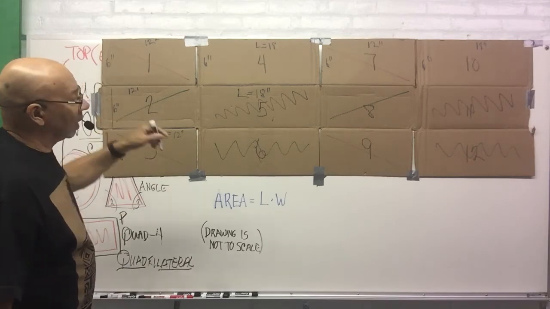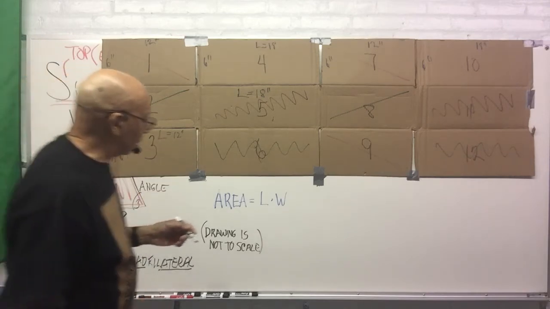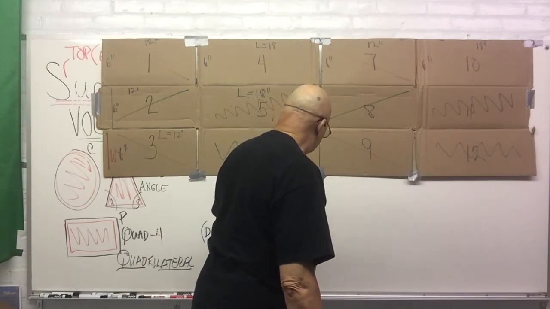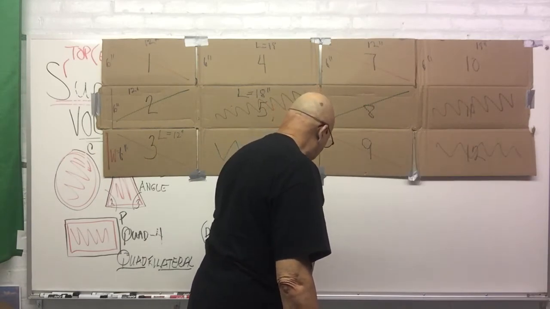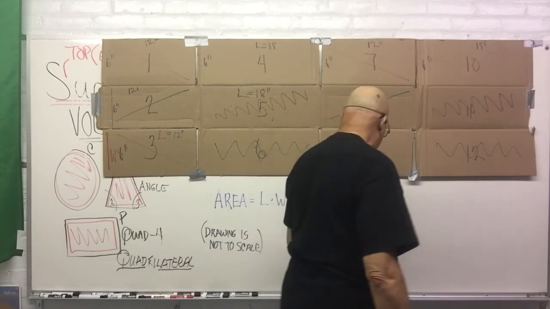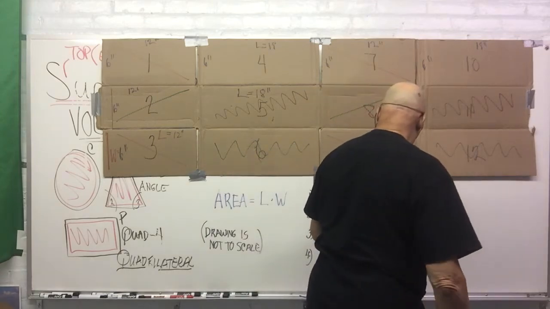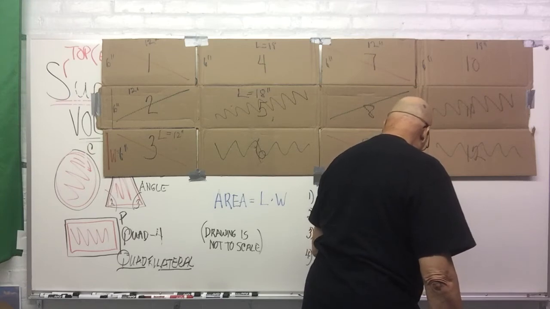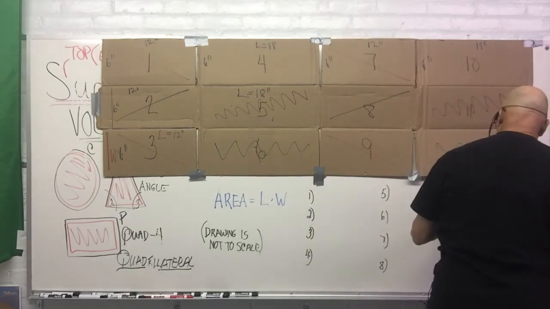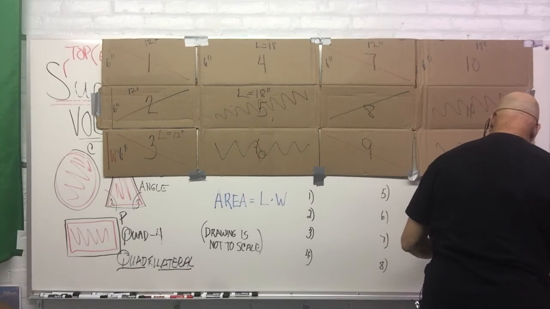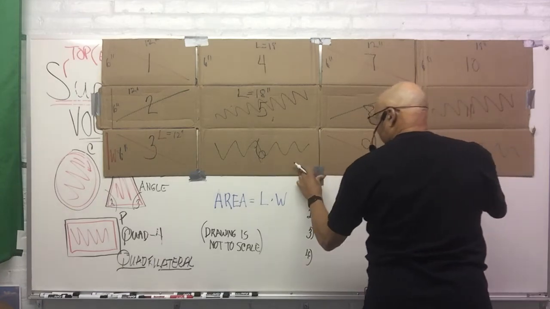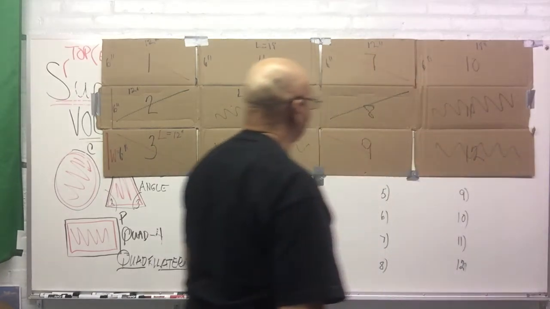I'm going to lay this out the way I would suggest that you do it. So you have area 1, 2, 3, 4, 5, 6, 7, 8, 9, 10, 11, and 12. A lot of them are going to be the same. You don't have to figure them all out, remember.